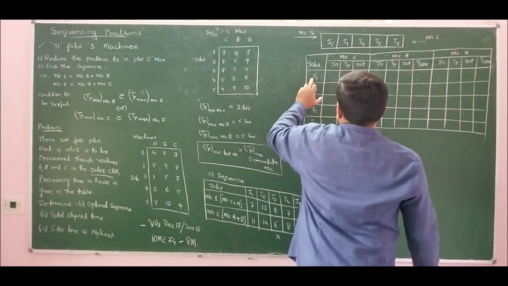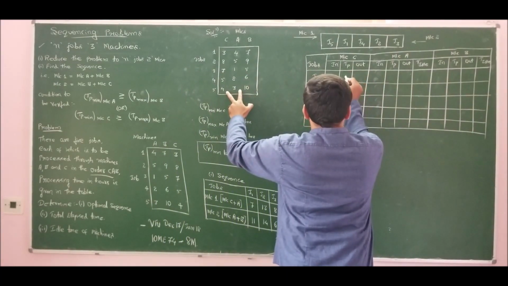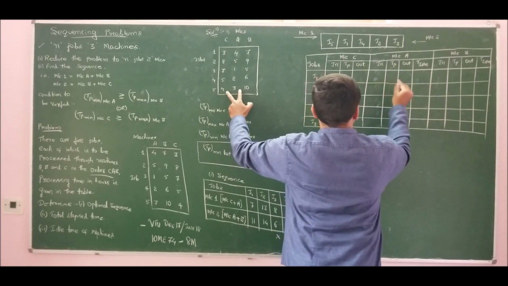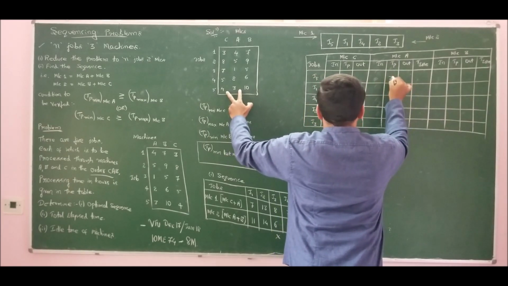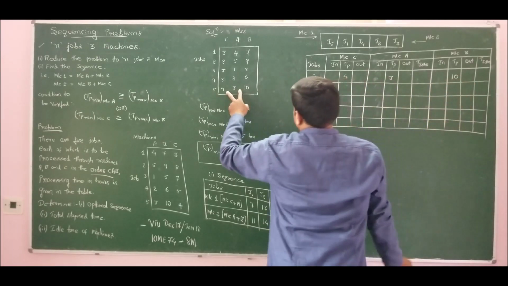Now for job 5 on machine C, the processing time is 4, on machine A the processing time is 3, on machine B the processing time is 10 hours.